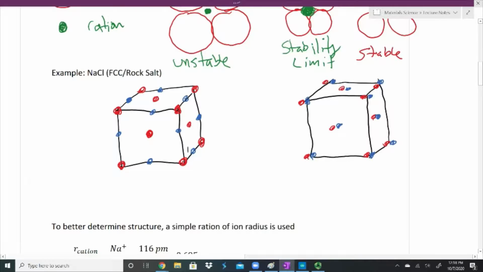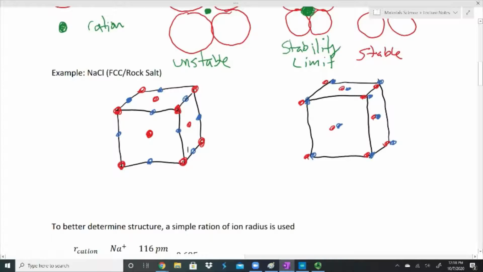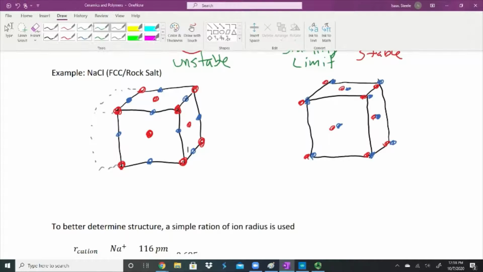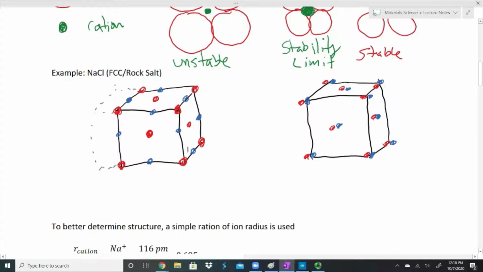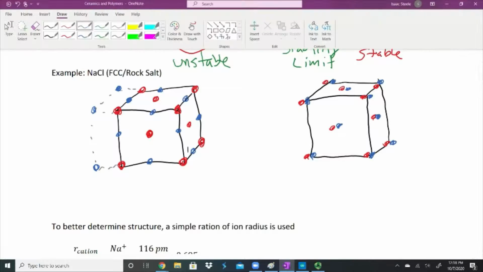So what I've really done here is, if I wanted to, I could extend out my unit cell just a little bit, just a half unit out. And in the next unit cell over, we would have something that looks like this.